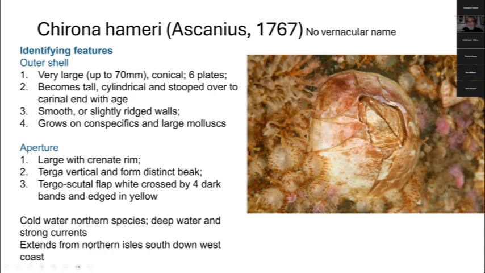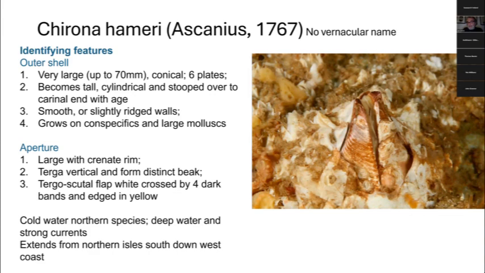These plates here are the scuta, and these are the terga. So in species like Chirona, the terga are pretty much vertical, and that's why you don't see so much of them, but they stick up as beaks. This one almost has its tergoscutal flaps visible, but they're white, crossed by four dark bands and edged in yellow as well.